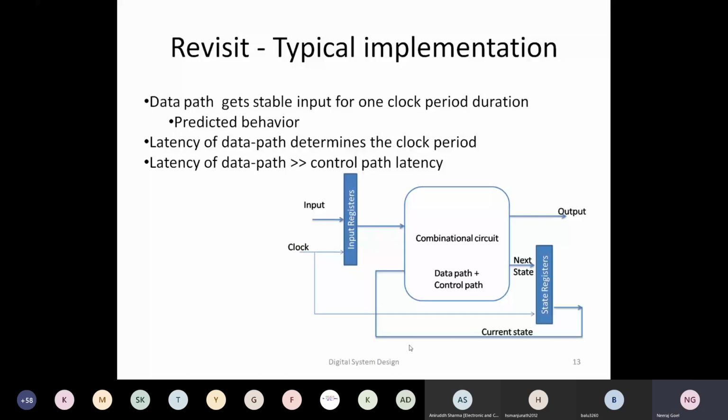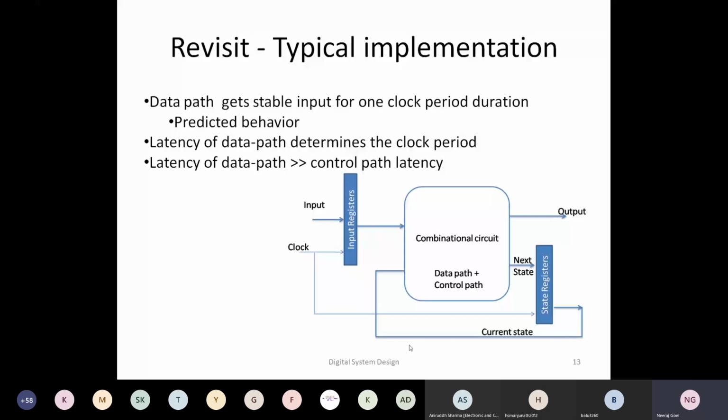That longest path tells me that if that particular path is sensitized by giving a particular input, it would result in the longest delay. That longest delay has to be stabilized. That longest delay has to be less than the clock period requirement. If the delay is less than the clock period requirement, we will always get predictable behavior, the same behavior all the time.